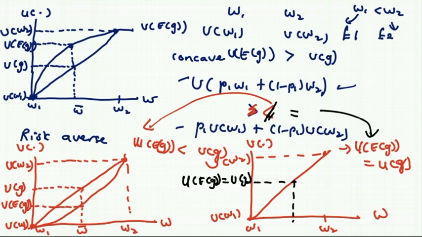The first one is what we call risk averse. The second one is the opposite of risk averse, which we call risk loving. And the third one is what we call risk neutral. This is theoretically the explanation of risk characteristics in relation to the von Neumann-Morgenstern utility function.